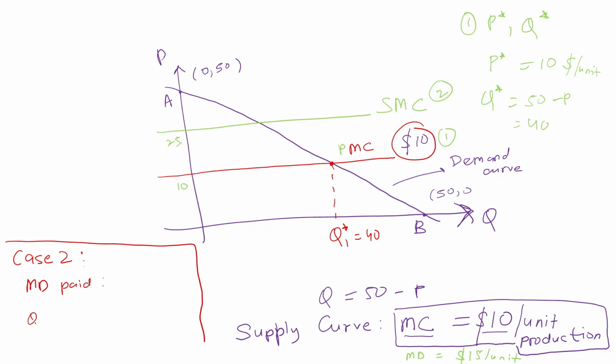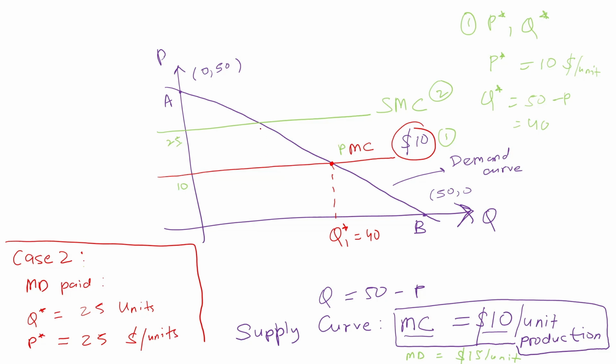Then what is the value of Q star and P star? The value of P star will be? Ma'am, 25. Yes, and the value of Q star will be? 25. Yes. 25 units, $25 per unit. So this is for the second case.